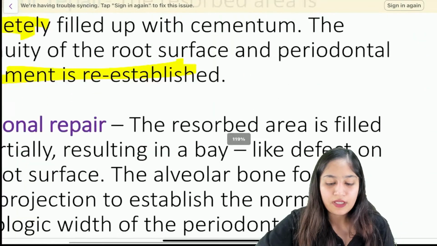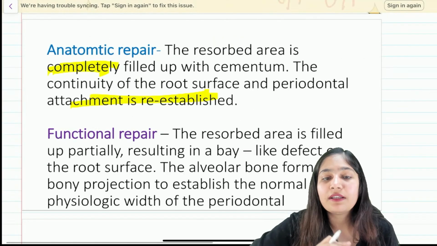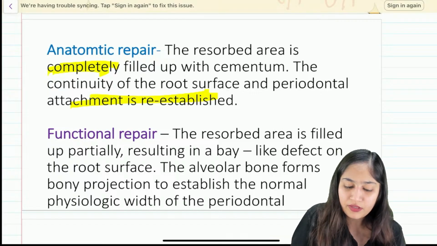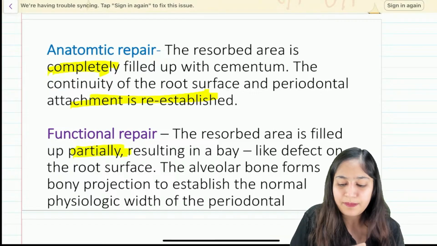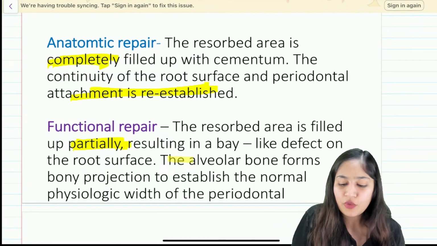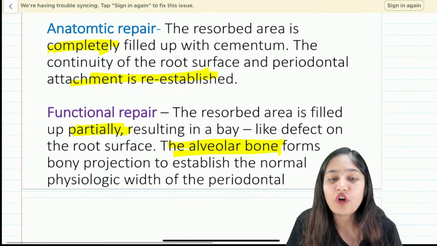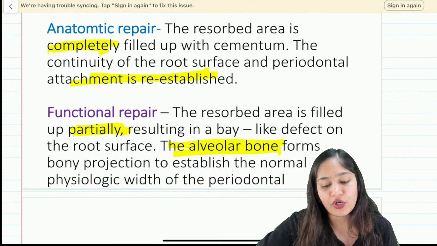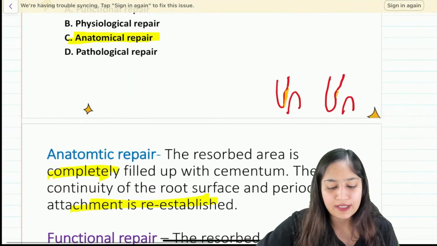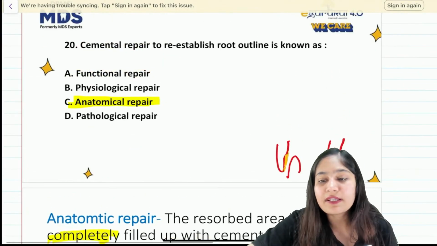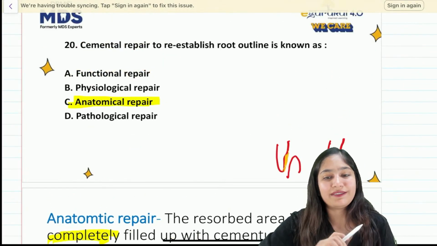So in functional repair, the resorbed area will be partially filled by cementum, resulting in a bay-like defect, and the rest is occupied by alveolar bone. Alveolar bone forms a bony projection to re-establish the normal physiologic width of the periodontal ligament. Right. So here the correct answer will be anatomic repair.